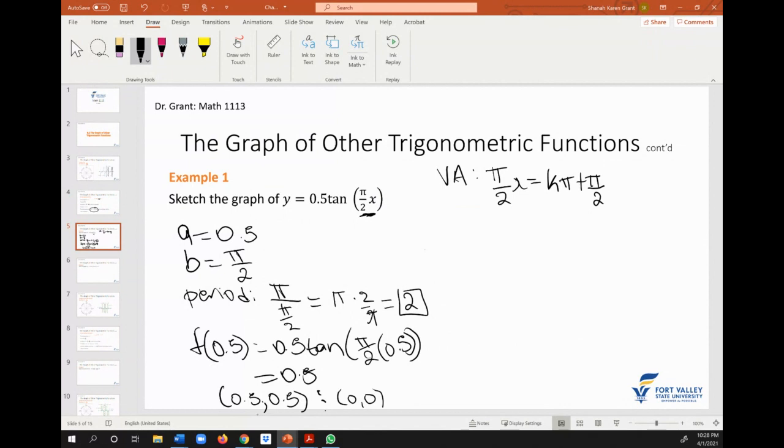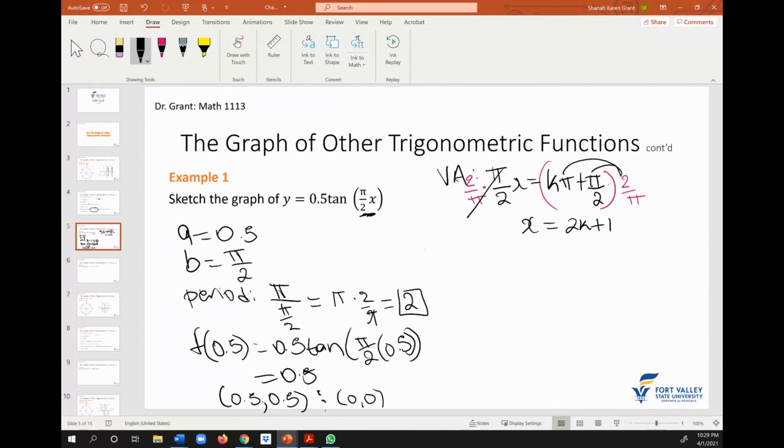So if I want to solve for x, I can multiply both sides by 2 divided by pi, the reciprocal of pi over 2. The pi would cancel, so x equals 2k plus 1. So I'm multiplying each of these.